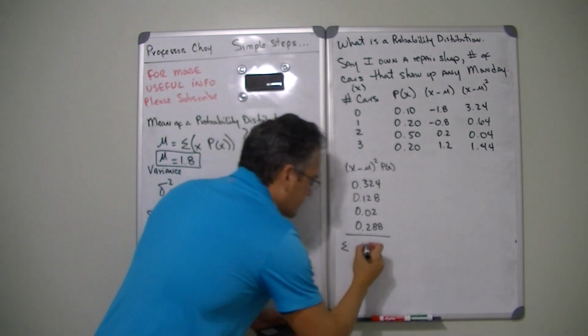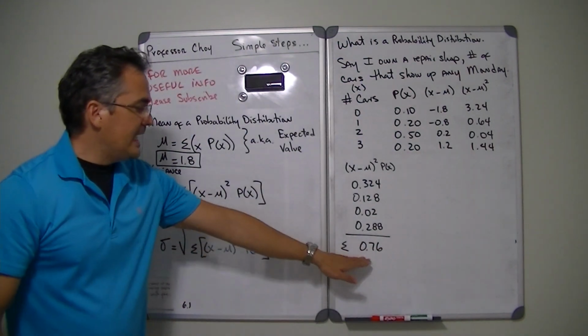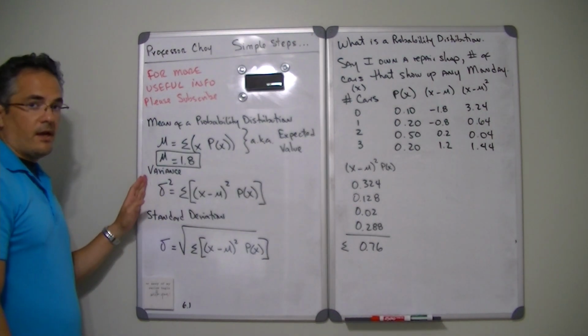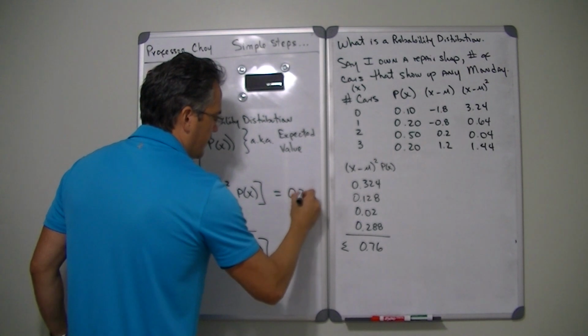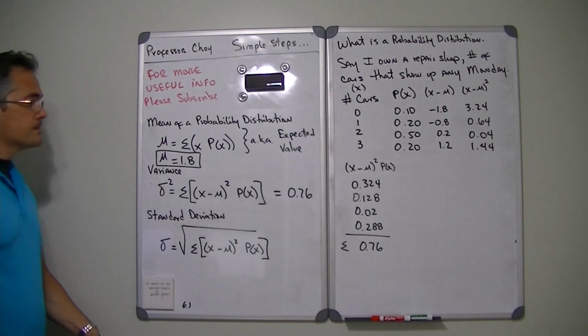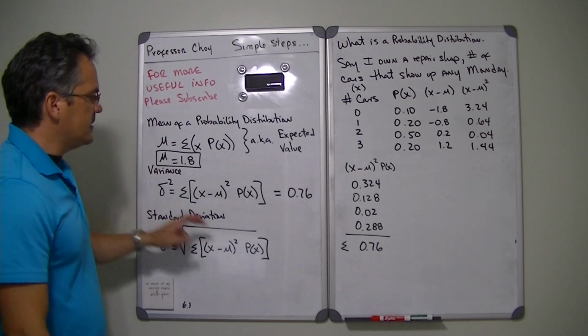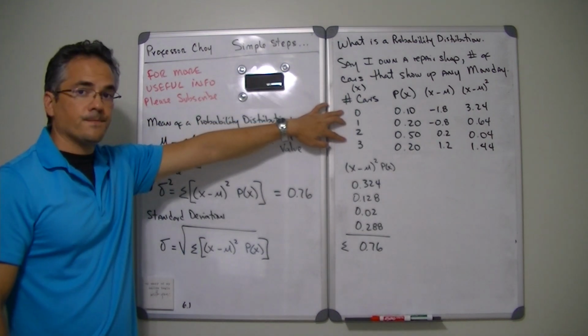And I have 0.76. Alright? That 0.76 is my solution to the variance. So my variance is equal to 0.76. Alright? So this is my mean and this is my variance for my probability distribution here.